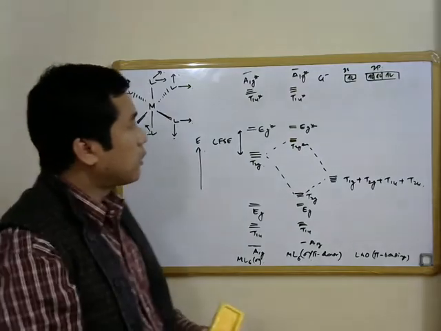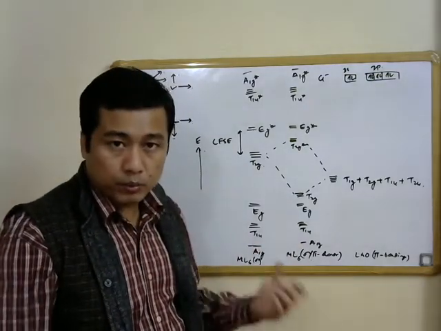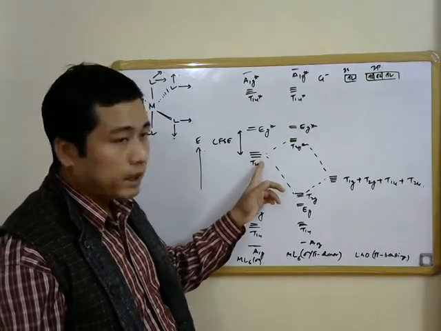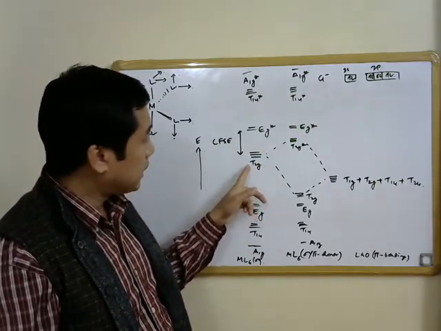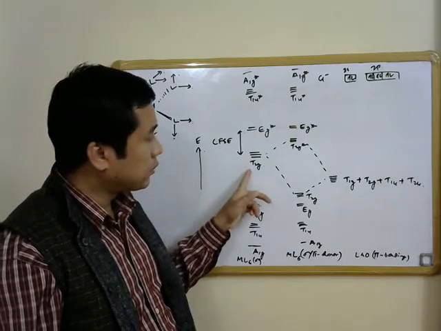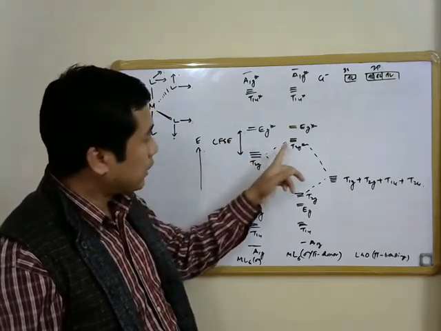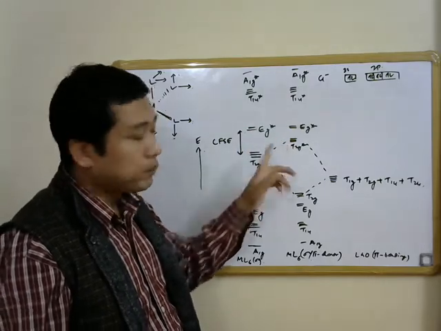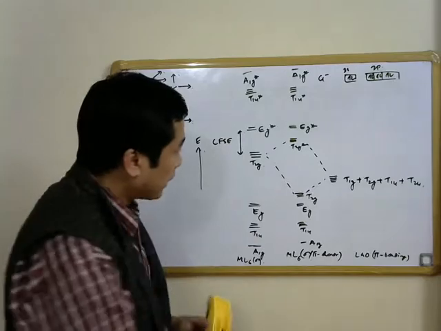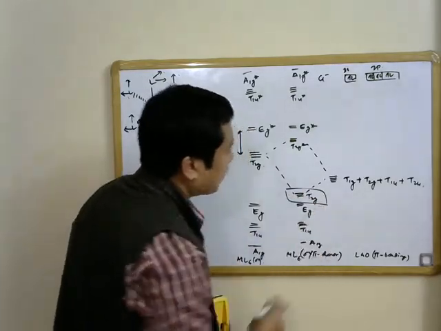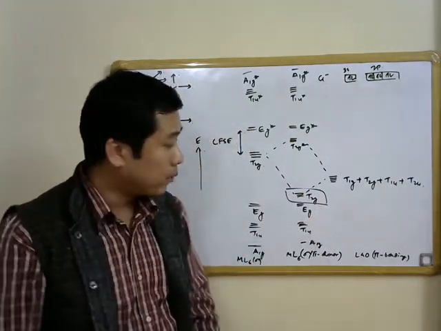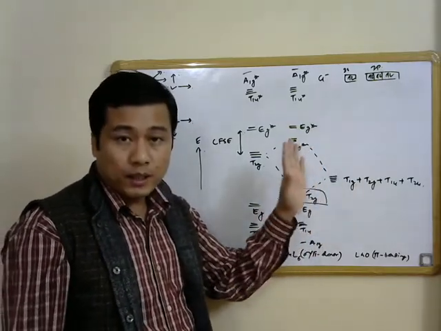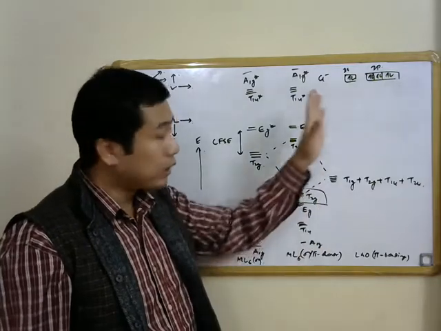But once we have pi donor ligands, we see that the energy of the metal d orbitals, that is the T2G orbitals, these metal-centered non-bonding molecular orbitals, have been lifted because of pi bonding. Again, we should remember that this T2G bonding molecular orbital will essentially be occupied by electrons from the ligands, because these are pi donor ligands.